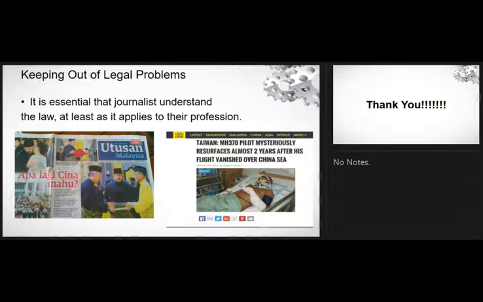And the second thing is, before you verify some news, don't report it without any proof. So we can see a Taiwan newspaper reporting that MH370 mysteriously resurfaced almost 2 years after vanishing over the China Sea. It's like the survivors are coming back, they found the body, and then everyone is like, what? So yeah, don't do it like this.